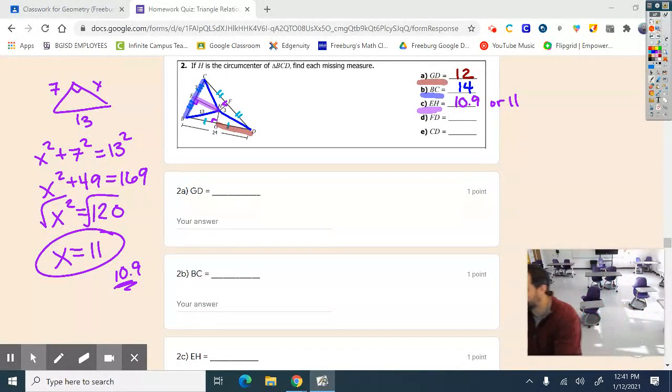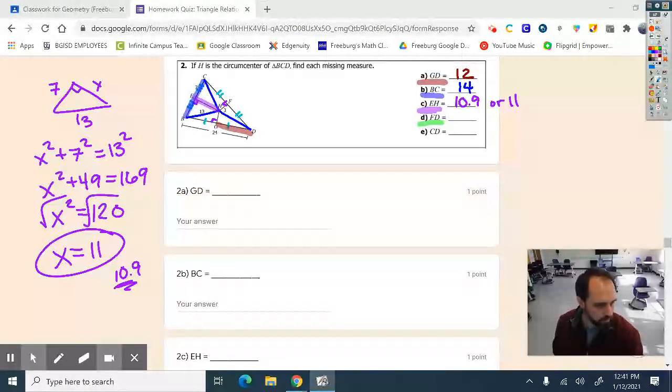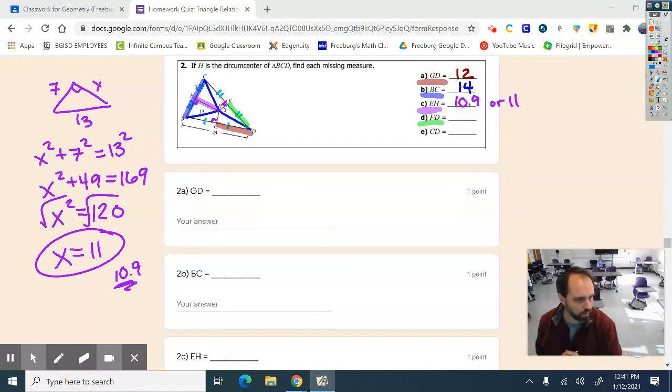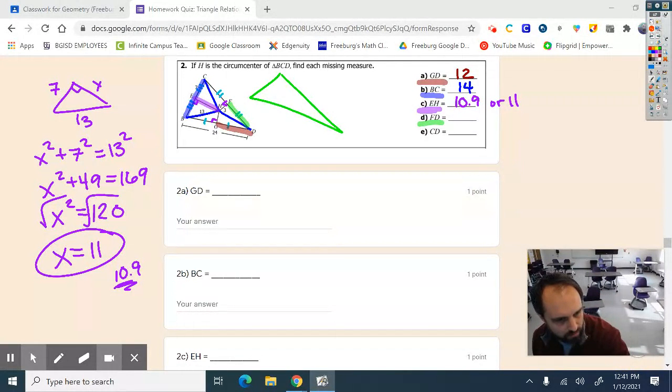All right, FD is here. Guys, similar approach. We don't have the number directly, but I can pull out this triangle. We've got a distance of 3. We don't know this one, so I'm going to call it y for right now.